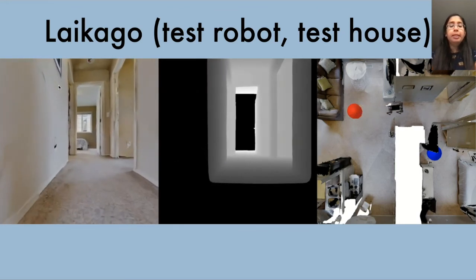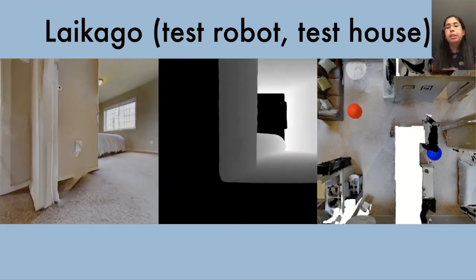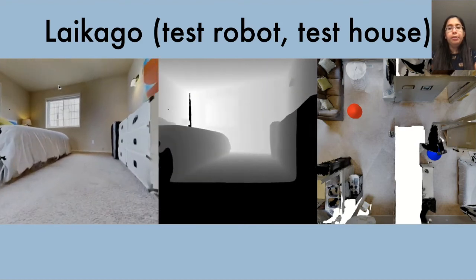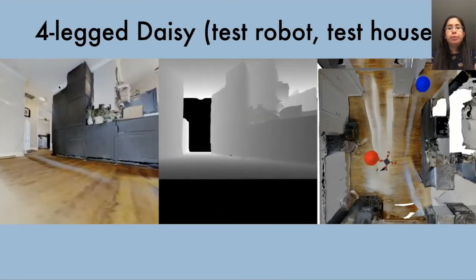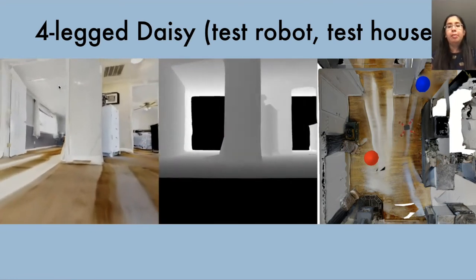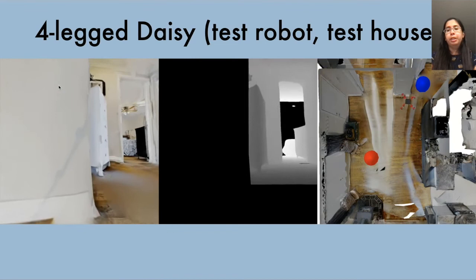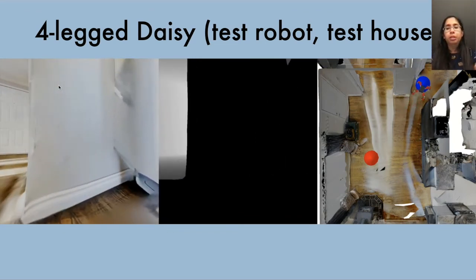So we optimized an embedding for this robot in another house, and then tested the robot in a new house, and it's still able to navigate to new goals in this unseen environment. Same for 4-legged Daisy, which is the out-of-distribution robot, which has significantly different dynamics from all of our training robots, and still manages to navigate to a new goal in this test house.